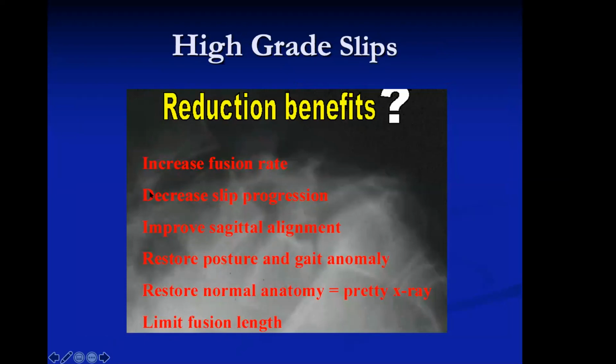So as we discussed in that classification, in high grade slips, before this classification came up, this is the only classification which guides surgery. The Wiltse-Macnab is basically an etiological classification. The Marchetti-Bartolozzi classification shows how a dysplastic can be differentiated from the acquired forms, and it throws more light on the evolution of the dysplastic listhesis.